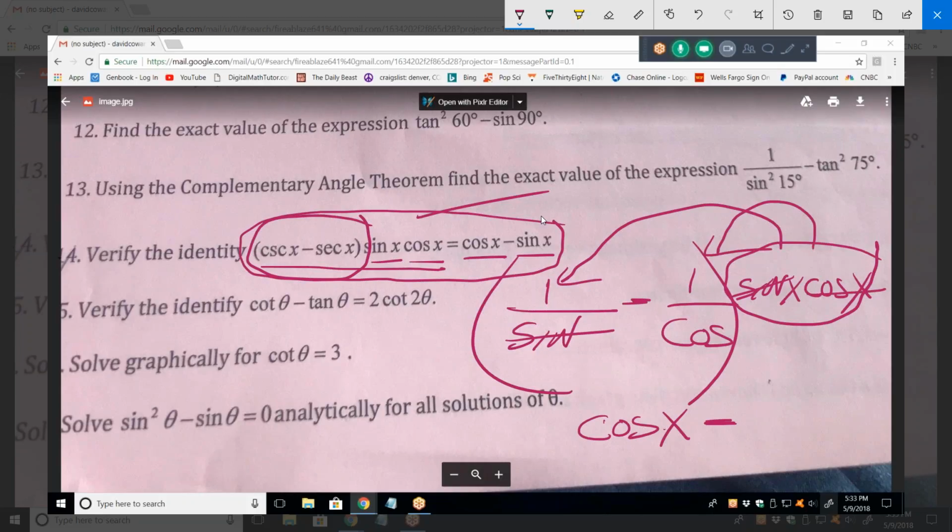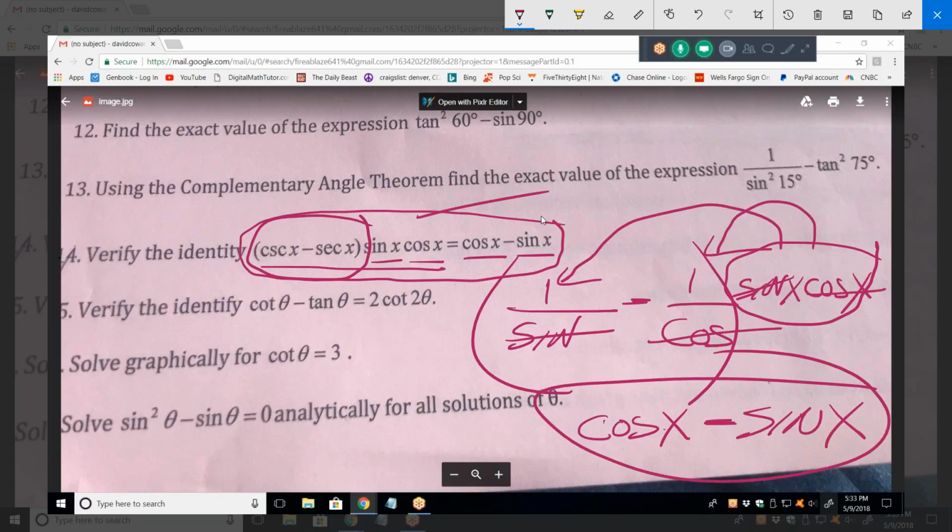The cosines cross out, and you end up with sine. So it's cosine x minus sine x. In other words, that's exactly what we were trying to prove. It only took 2 steps. I had to substitute the reciprocal identity and then just multiply. That's all I had to do.